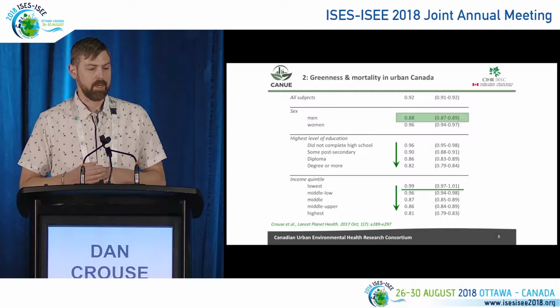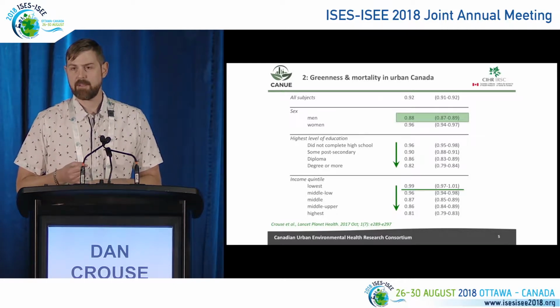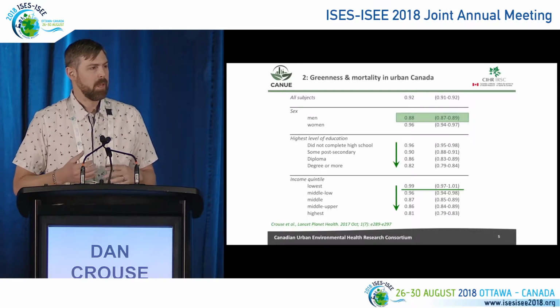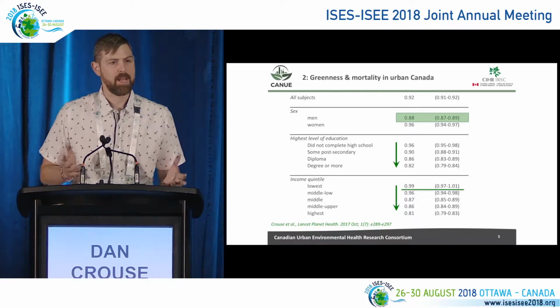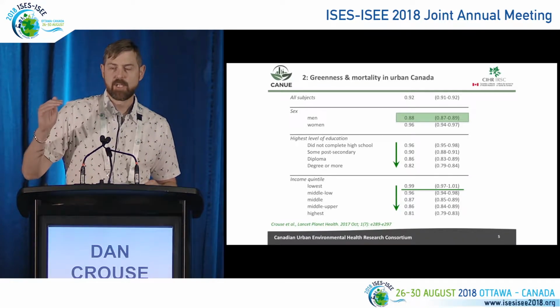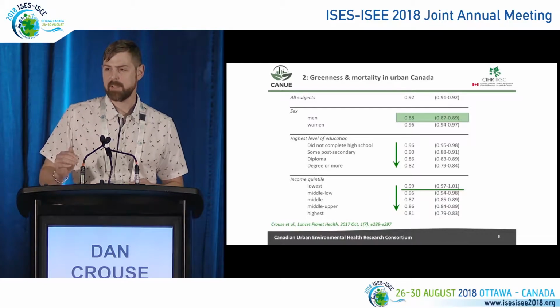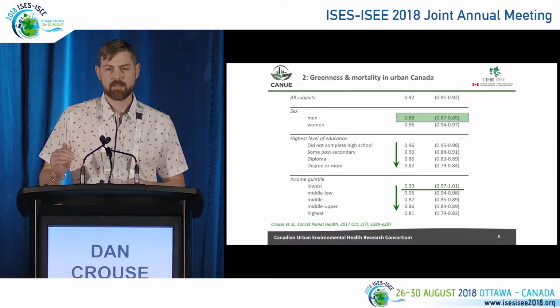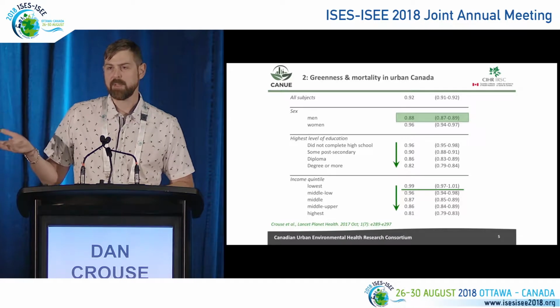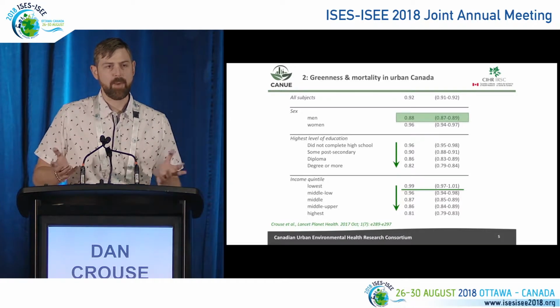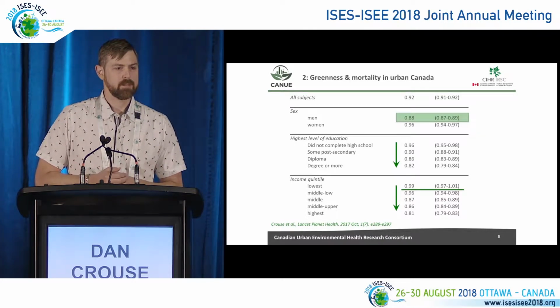We found substantially stronger effects among men compared to women. And we found the classic socioeconomic gradient in health, such that at each increment of education and income quintile, we found more protective effects, such that among people in the lowest income quintile, there was essentially no benefit of the exposure to the greenness.